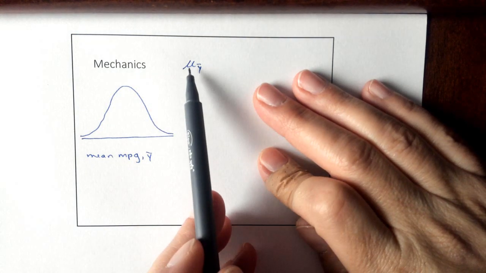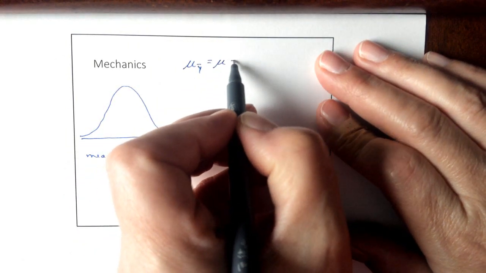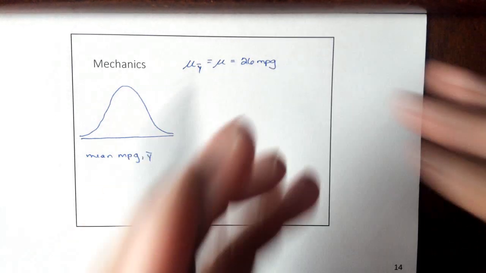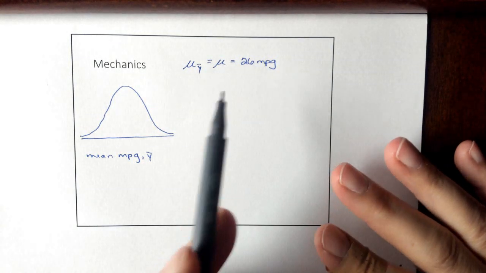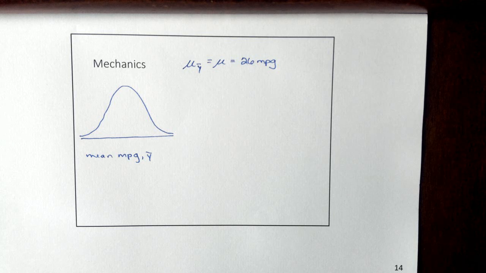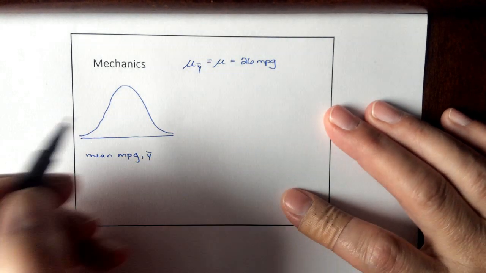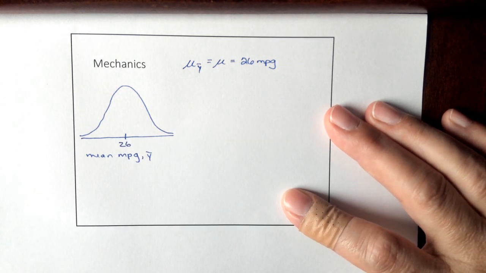And it says the mu of Y bar is equal to mu itself, which is 26 miles per gallon. It's the mean that we're assuming in our null hypothesis. Okay? So we just changed from p-hats to Y bars. And instead of a true p, we have a true mean. So the middle of this curve should be 26 miles per gallon.